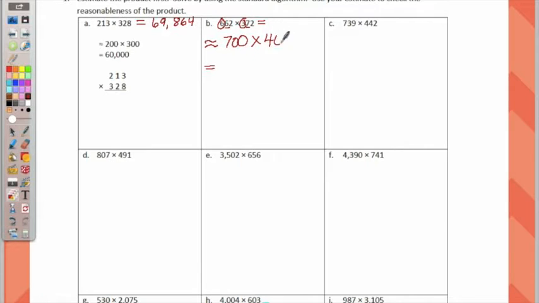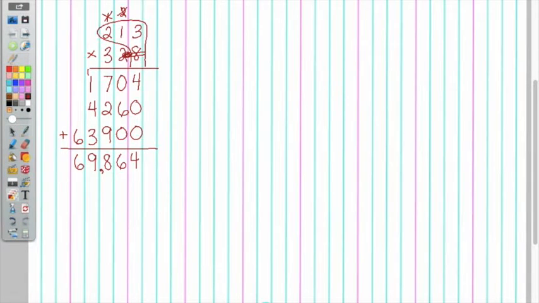Good. Okay, so 7 times 4 is 28, with 4 zeros. 280,000. Make sure you've got an equal sign here ready to write your answer. And we will copy this problem onto the notebook paper. I would scoot over about 7 or 8 columns.